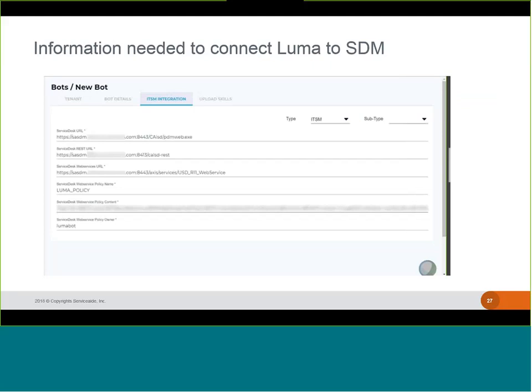That's the URL that points to your system, the URL that points to the REST API endpoints, the URL for the SOAP API endpoint, the name of the web service policy that we've set up for it, and then we copy that certificate information of the policy content to be provided over, and then the policy owner's name. So those are the only elements that are necessary to get all these capabilities set up for you.